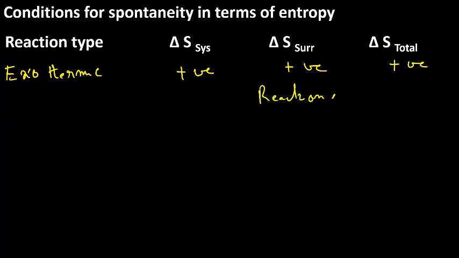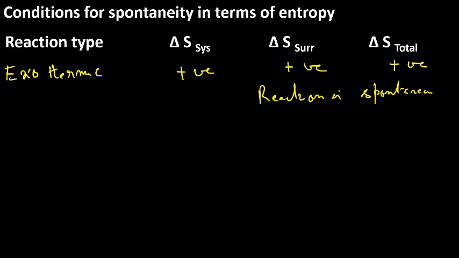For an exothermic reaction, delta S system is positive, delta S surroundings is also positive, then delta S total is positive. Therefore the reaction is spontaneous. That means if both delta S system and delta S surroundings are positive, then the process is spontaneous.